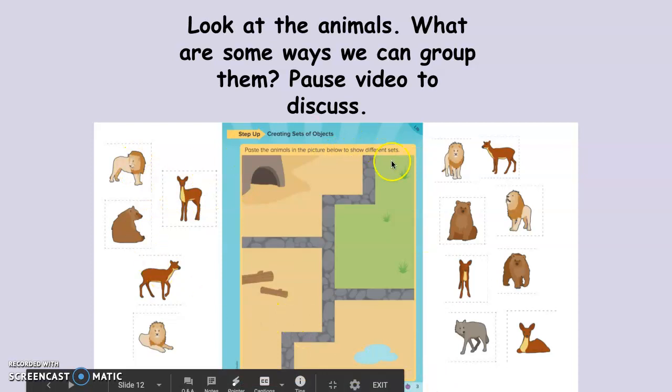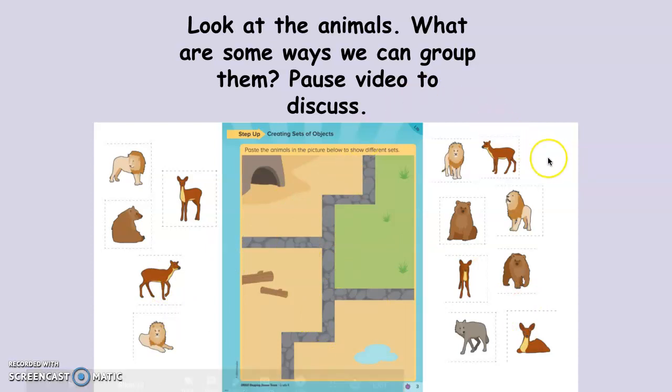If you do not have those materials at home, this activity is also inside of Seesaw. So you are able to drag them and put them in the groups and turn it in to me on Seesaw as well.